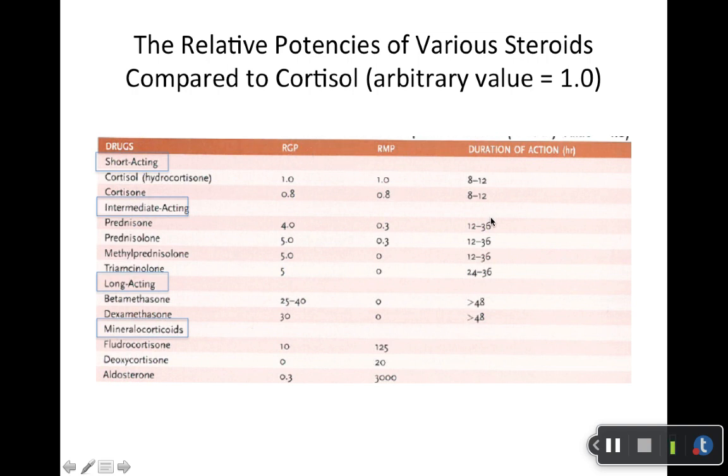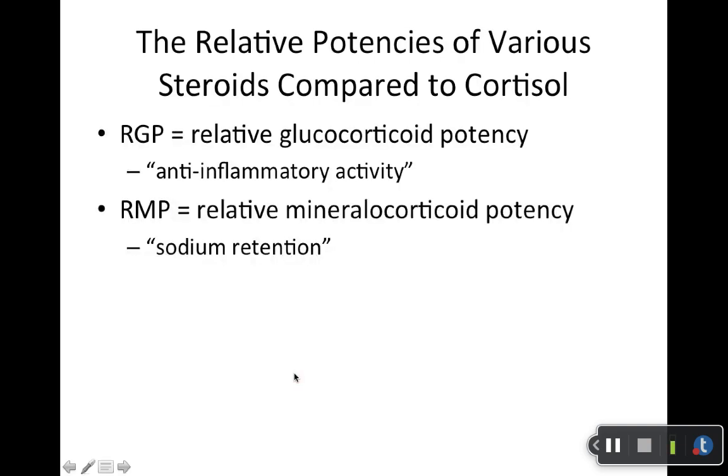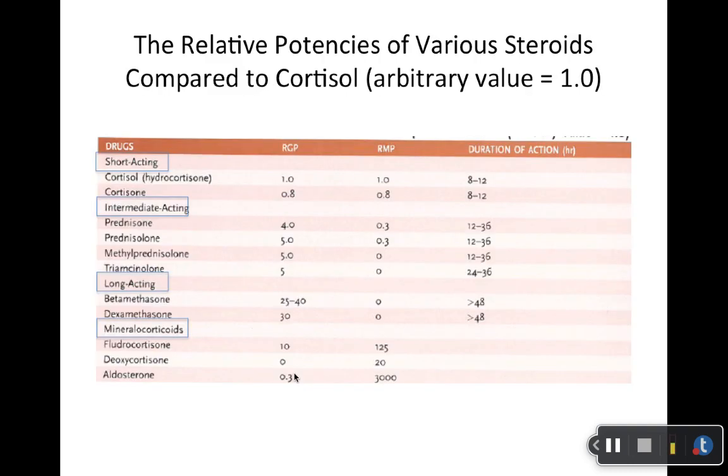And we have RGP and RMP, and then the duration of action. So please, for testing purposes, make sure you know which ones are which as far as short-acting, intermediate, long-acting, and then the mineralocorticoids. RGP is the first column here, which stands for relative glucocorticoid potency, and again, that's compared to cortisol. You can think of that as its anti-inflammatory activity. So you notice here, the higher the RGP, the more anti-inflammatory it is.